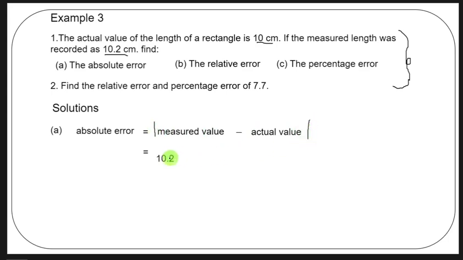The measured value here is 10.2, then the actual is 10. We put the modulus, then centimeters. When we subtract these, we get 0.2 centimeters as the absolute error.